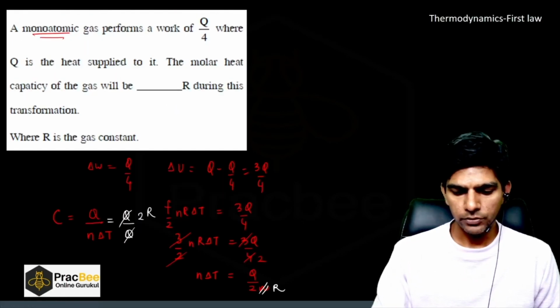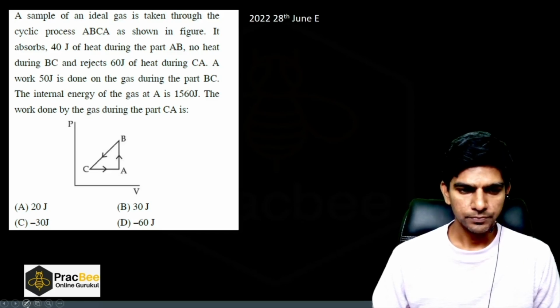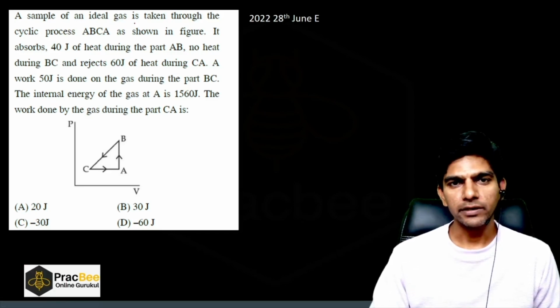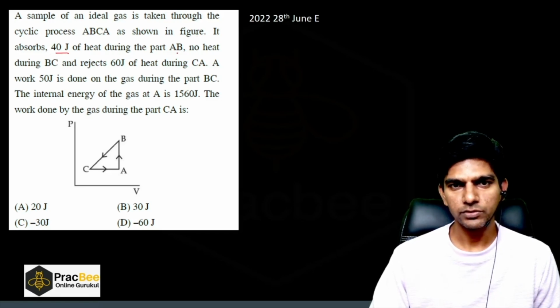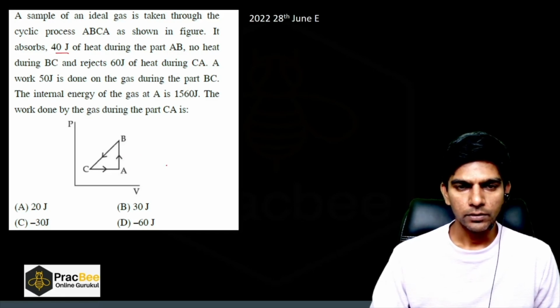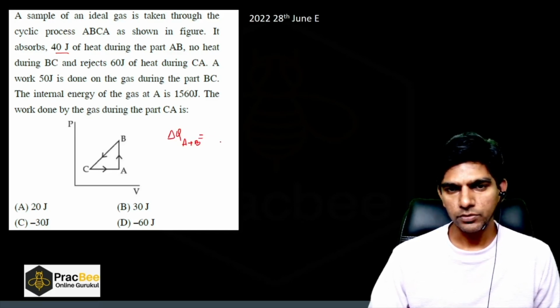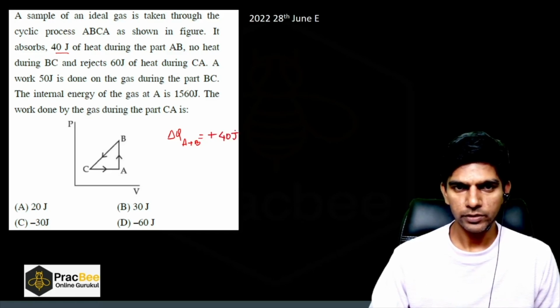I hope this concept is clear to you, right? So now let us see another illustration. A sample of an ideal gas is taken through the cyclic process ABCA as shown in the figure. It absorbs 40 joules of heat during the process AB. So we have given delta Q from A to B as 40. So it absorbs, so it will be plus 40 joules, right?